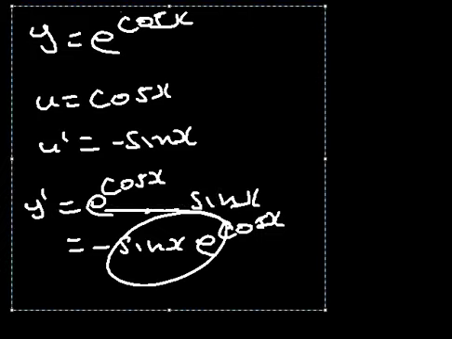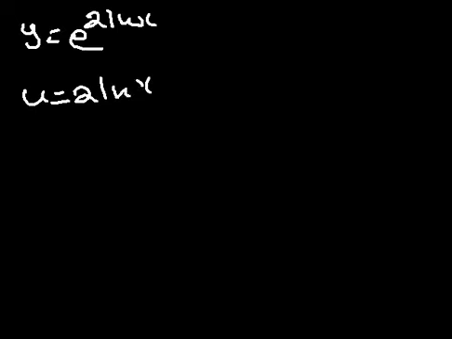And what if we have this case? Let's say y is equal to e to the power 2 ln x. So what is the derivative of this function? The principle remains the same. This is the exponential function with base e. The power is given as 2 ln x. So what is the derivative of that?